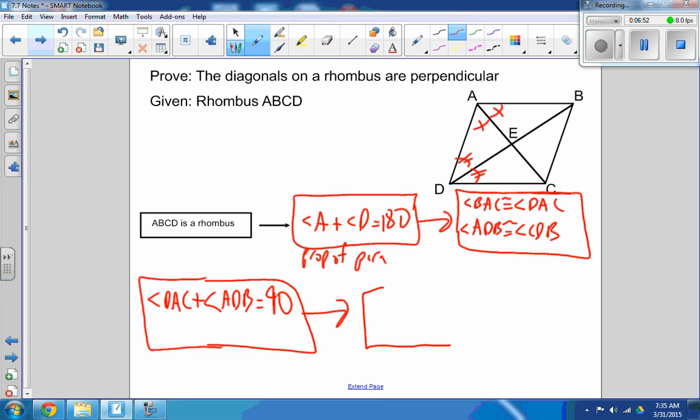Thus, angle AED has to equal 90. And there we go. We just went through and proved that the diagonals of a rhombus are perpendicular. And that is the end of this lesson.